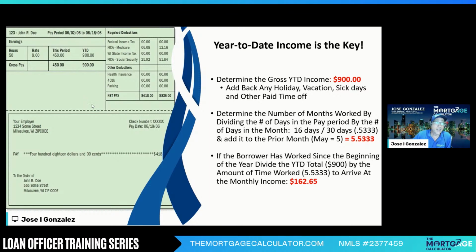But usually that wouldn't be enough for us to calculate the income because we need at least 30 days worth of pay stubs to calculate the income. Right. So here, mainly this is just a training example to illustrate that what we use to accurately calculate the borrower's income is the year to date figure.